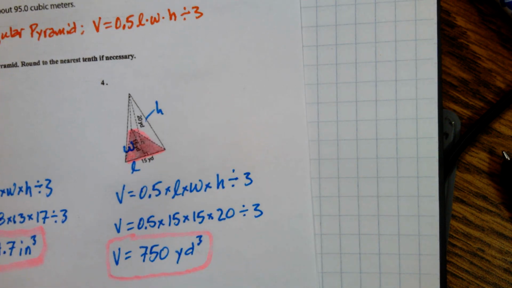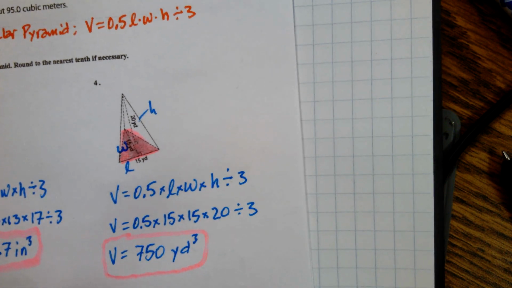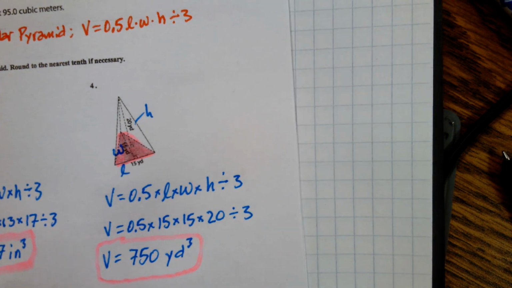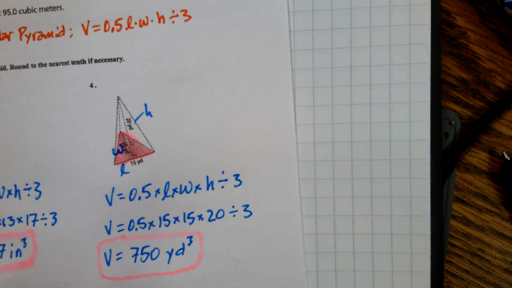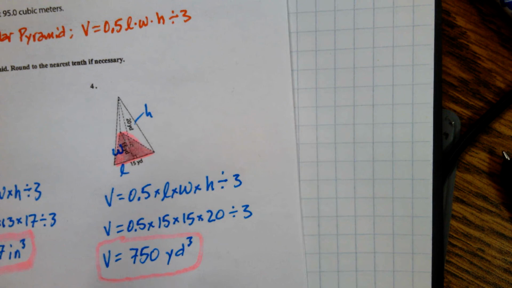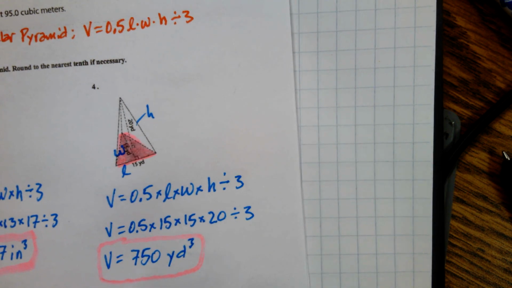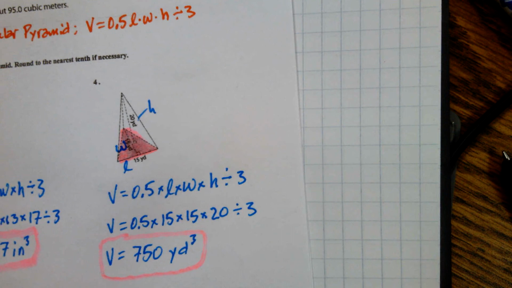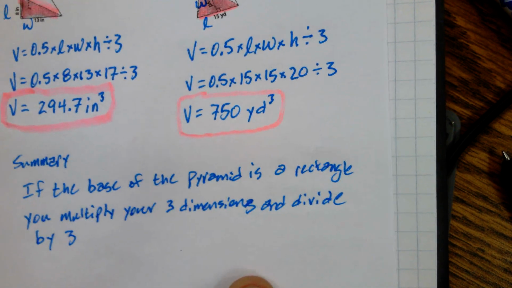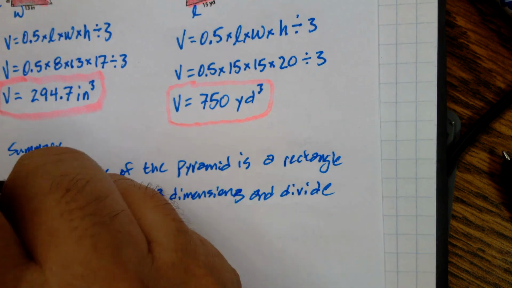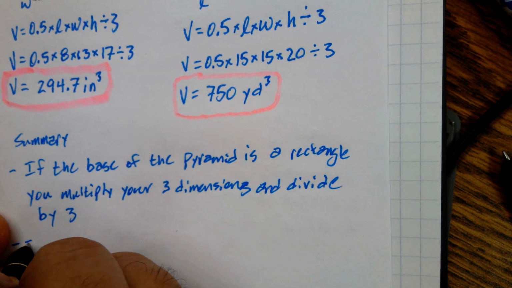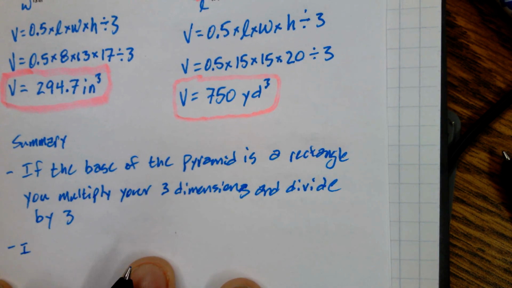I'm going to even make it simpler. You multiply your 3, I call them dimensions, you could call them numbers. And then the important part, divide by 3. Sorry. And it seems like you may not have enough room for the last part. But watch, we're going to piggyback off what we just did.